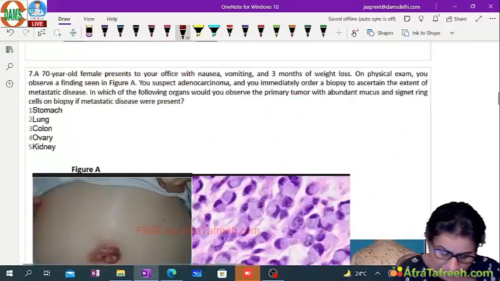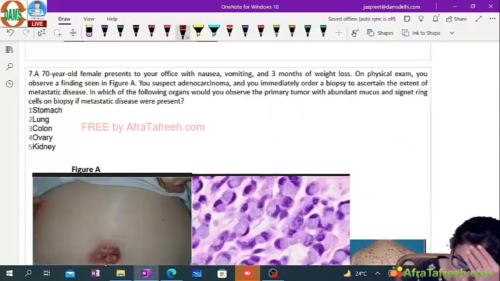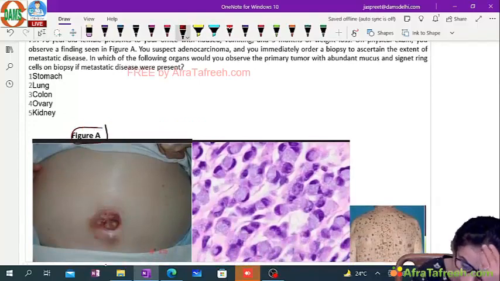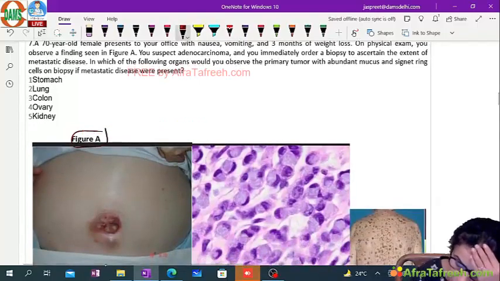A 70-year-old female presents to your office with nausea, vomiting, and 3 months of weight loss. On physical examination, you observe the findings seen in figure A. You suspect adenocarcinoma and immediately order a biopsy to ascertain the extent of metastatic disease.